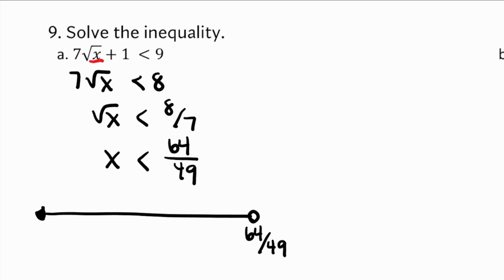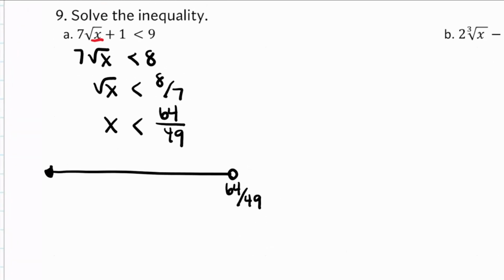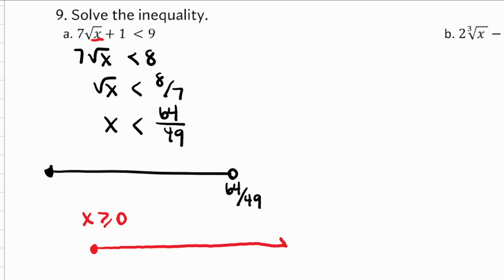This square root of x won't make sense if I plug in something that's less than 0. So I know also that x needs to be greater than or equal to 0. So I'm just going to say that's where x equals 0 is. And so I'm looking for the overlap of these two regions, which is going to be here.